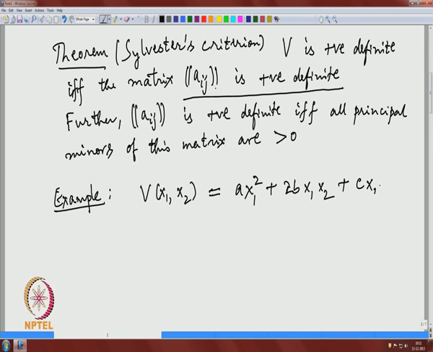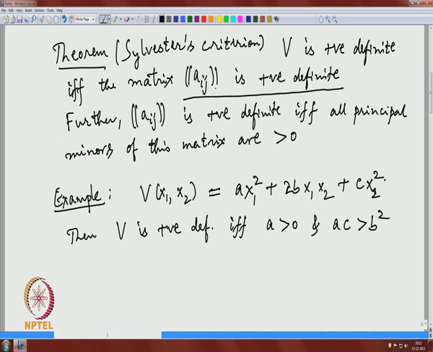Okay. So, then V is positive definite if and only if A is positive and AC is bigger than B squared.